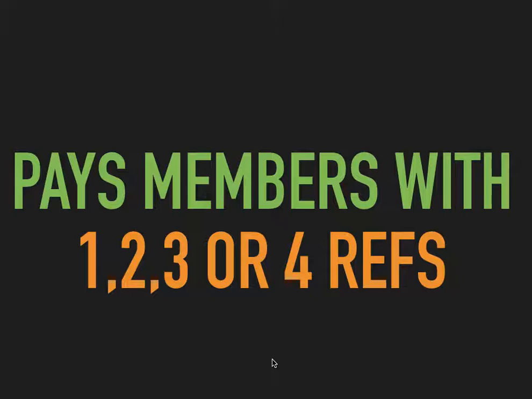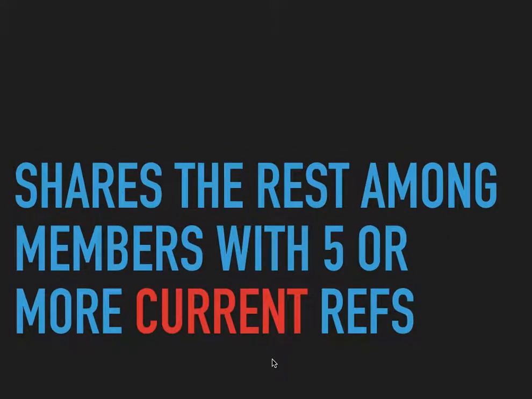But the most earnings, of course, are being made by members who have 5 current referrals. And so the rest of the sum that has been gathered in every matrix is being shared among the rest of the members in that matrix that have 5 or more current referrals. And this is the key to PTC Groups: to have 5, not necessarily more, but to have 5.